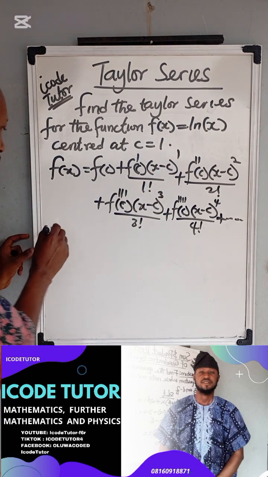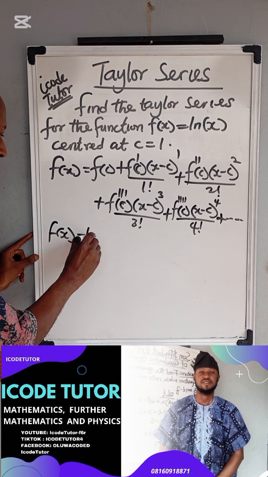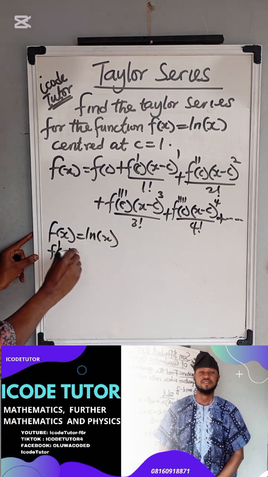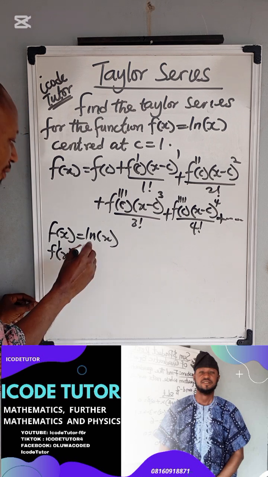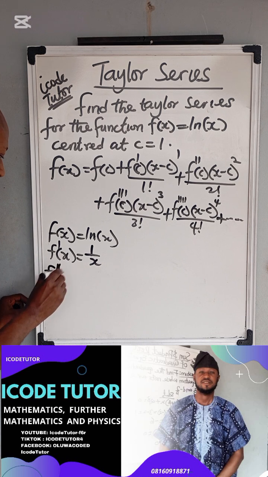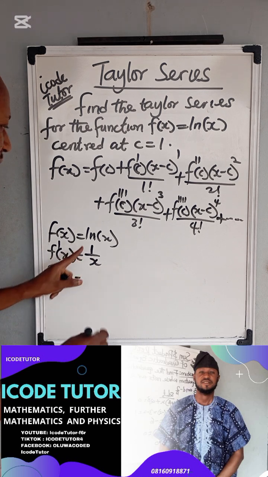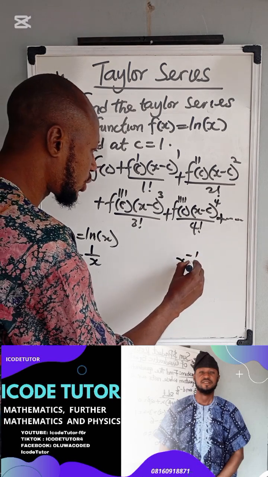Now from here, the first thing to do is to find the derivatives of this ln x. That means that we have f of x equals ln x. Now f prime of x, when you find the derivative of ln x, it gives us 1 over x. Now the second derivative: here you have x raised to power minus 1, that is 1 over x.